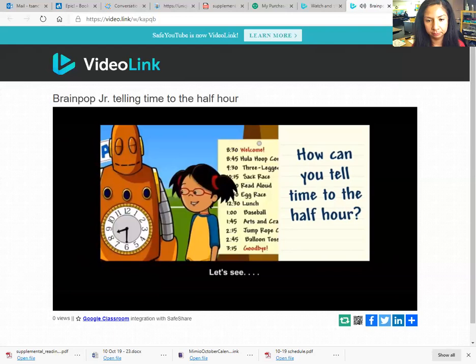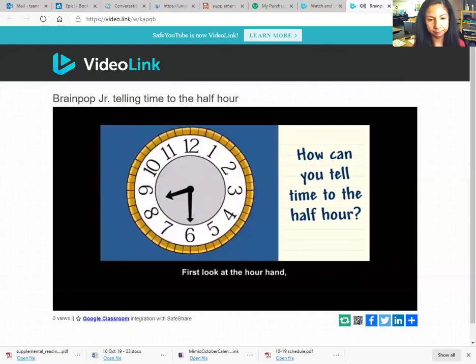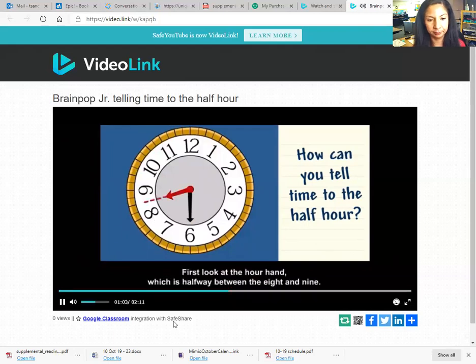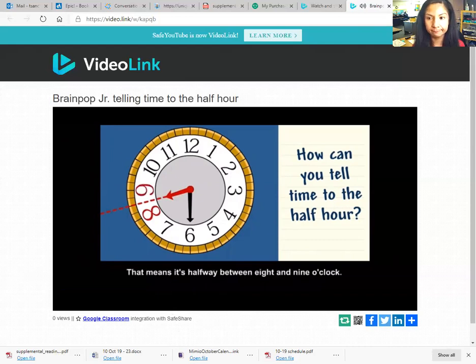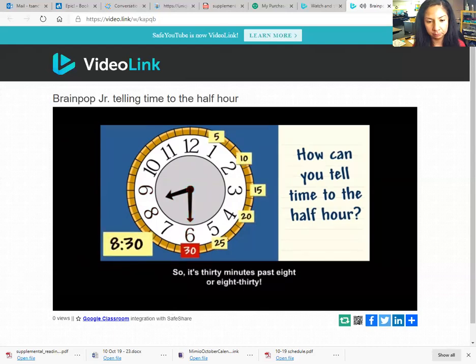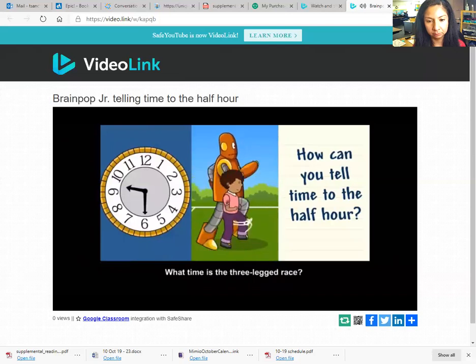Let's see. What time is it now? First, look at the hour hand, which is halfway between the 8 and 9. That means it's halfway between 8 and 9 o'clock. Then look at the minute hand, which is pointing to the 6. So it's 30 minutes past 8, or 8:30. You can write the time using numbers and a colon. What time is the three-legged race?